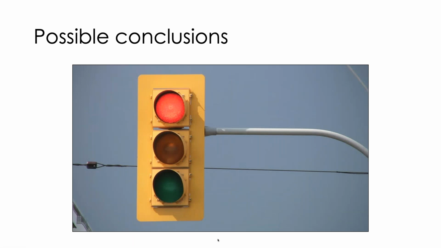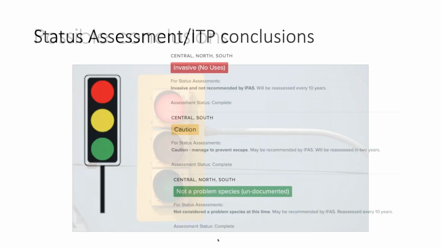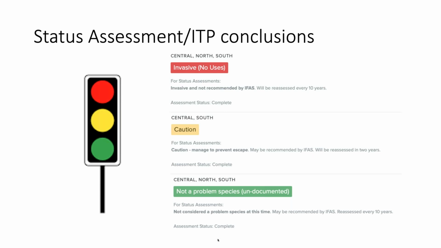I present this information a lot to master gardeners and garden clubs. So I found the easiest way to explain it is like a stoplight, where red means stop, yellow means proceed with caution, and green means go. For the status assessment and ITP conclusions, again, red, you'll see things like invasive no uses, or in rare occasions, I think we only have 3 species in the database, we do have approved, specified, and limited uses for those species.